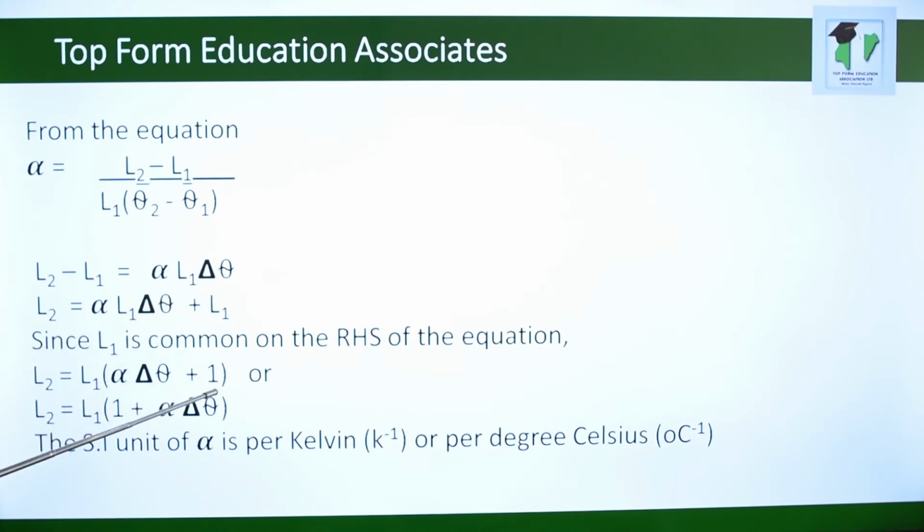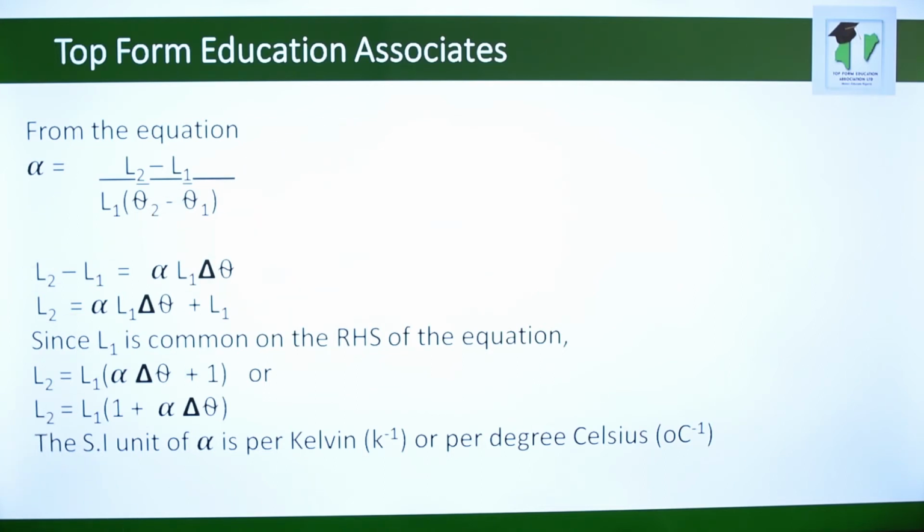L1. So I've now taken the common factor out. To factorize, we'll have L2 is equal to L1 times alpha change in theta plus 1. Or we can rewrite it to have L2 is equal to L1, this one now coming up first before the other one, you have 1 plus alpha change in what? Theta. Is that okay? So we can use this formula to get the final length.